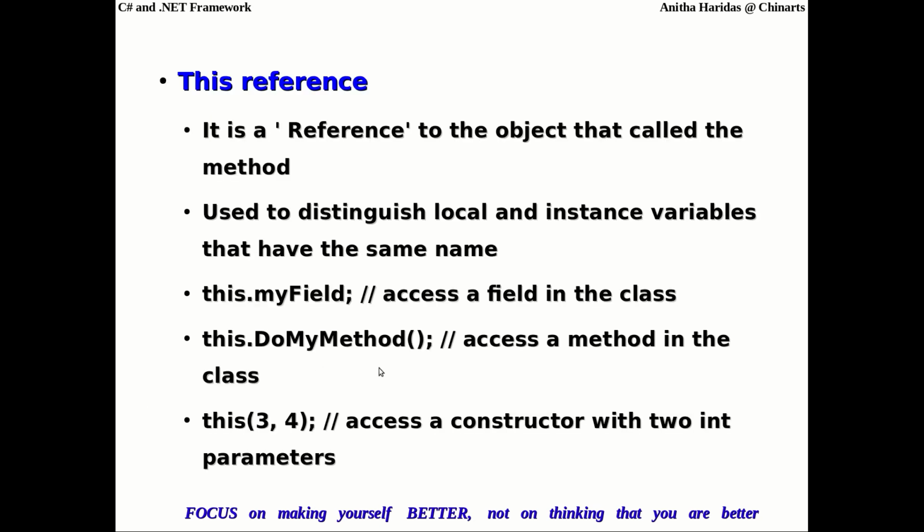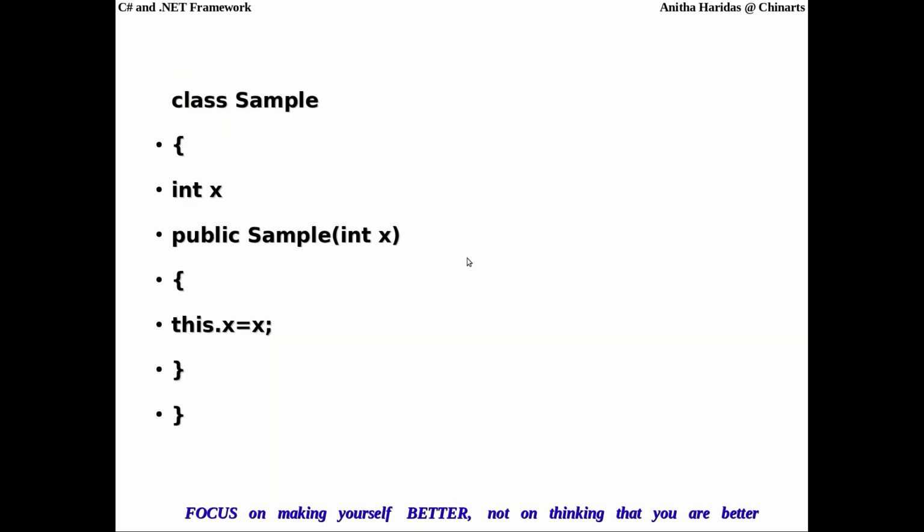This is an example. We have seen it is used to distinguish local and instance variables that have the same name. I have declared a class with a data member int x. This is the constructor. In the constructor, I am passing a parameter again int x. And observe here, this is a local variable for the constructor and this is the data member of the class. So inside this constructor, if you want to manipulate this x and this x, there is going to be a conflict.